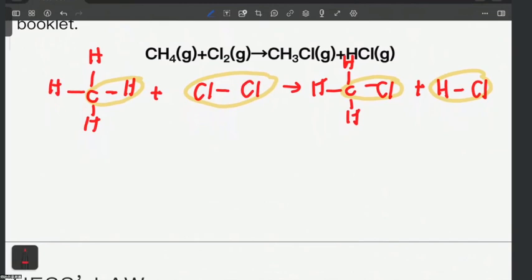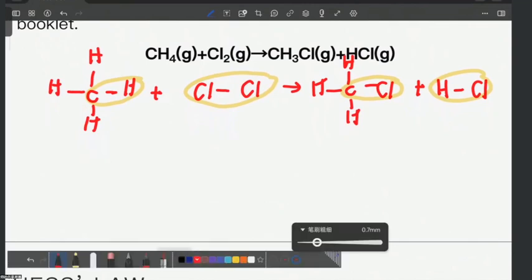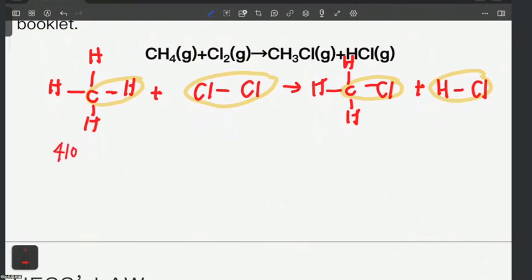So the energy will be 410 plus 242, which represents breaking one carbon-hydrogen single bond and breaking one chlorine-chlorine single bond. The total number is 652 kilojoules per mole.